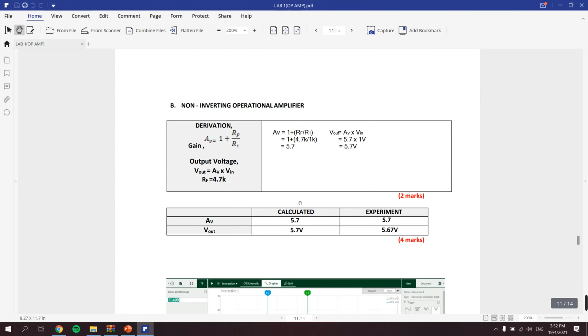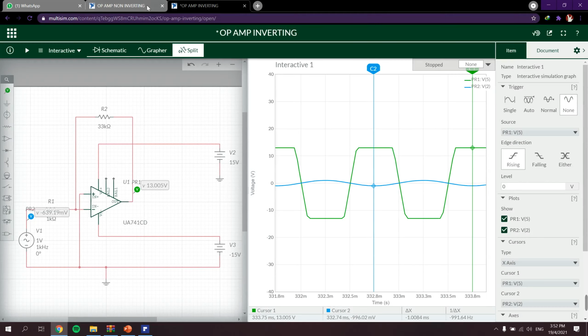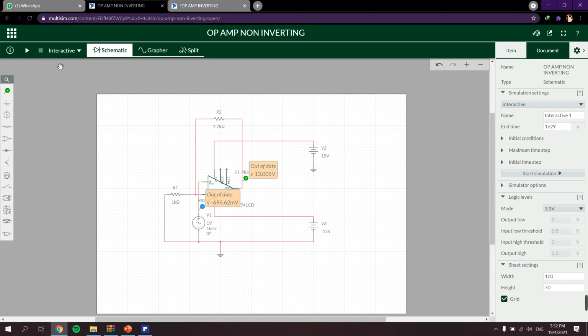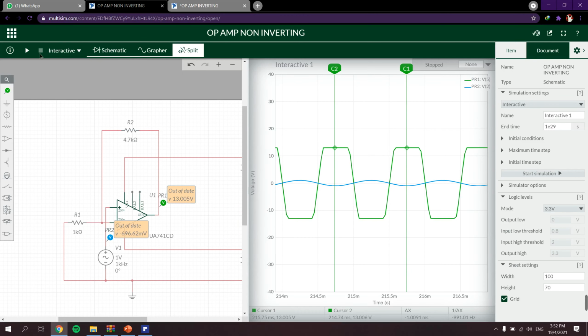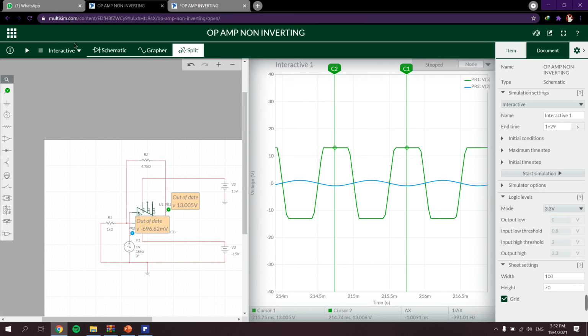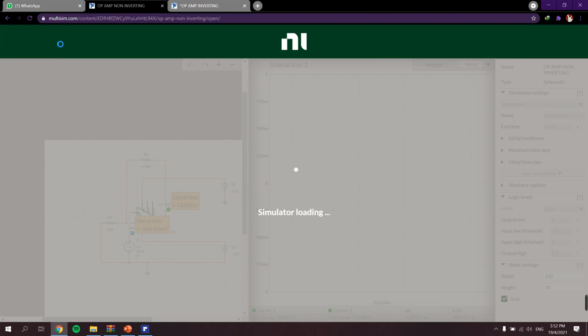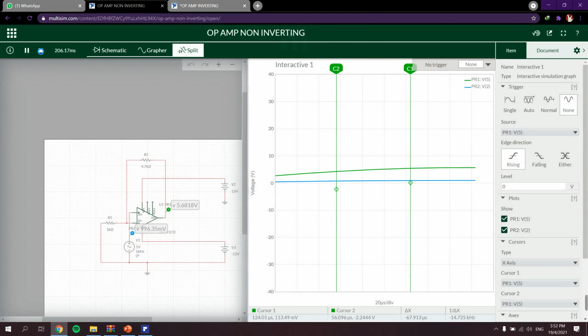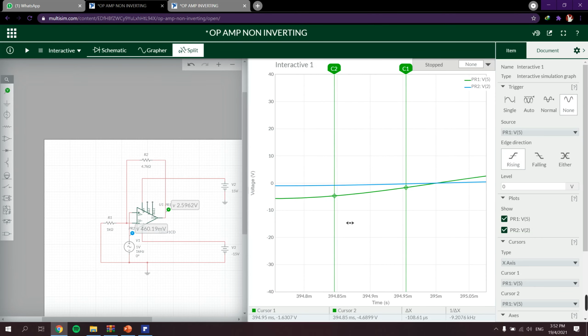Next we'll be going to the non-inverting operational amplifier. This is the calculation I did. We should get around 5.7 gain and 5.7 V out. This one is the circuit. After simulating, we should get around that value.